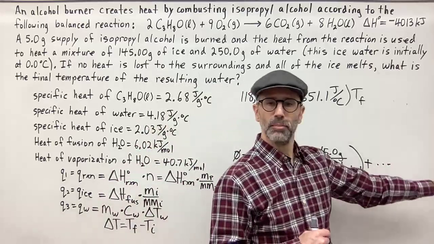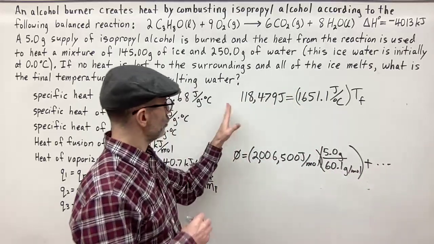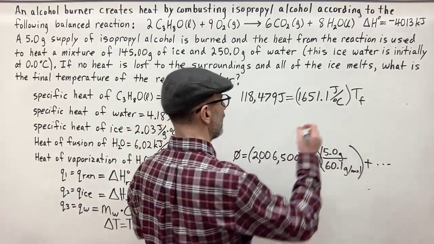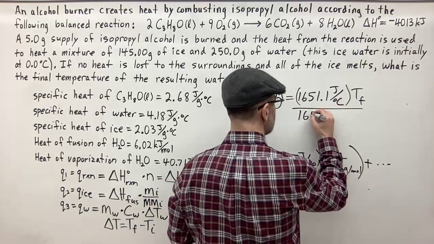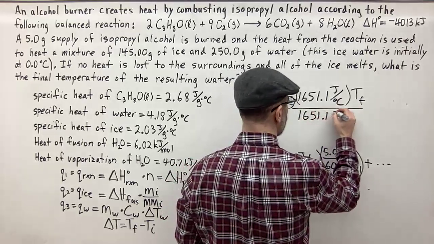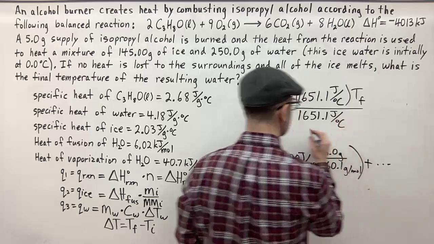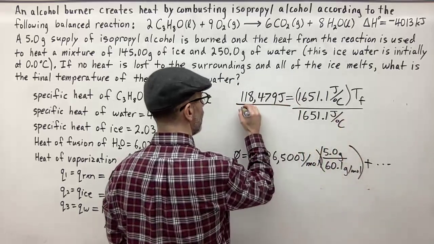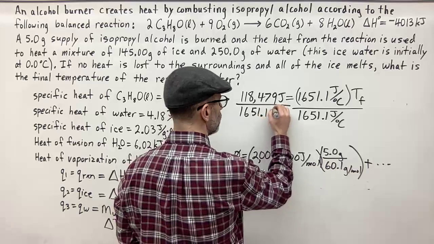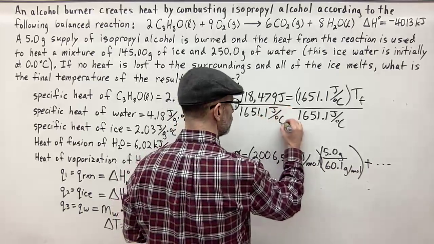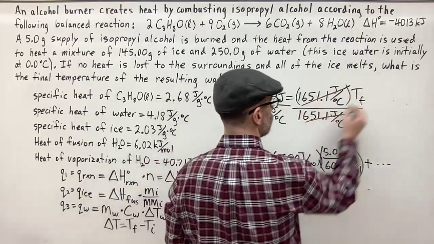Everything else is perfectly fine. You should end up with this, and then you're going to divide by 1,651.1 joules per degree Celsius. This is going to cancel out.